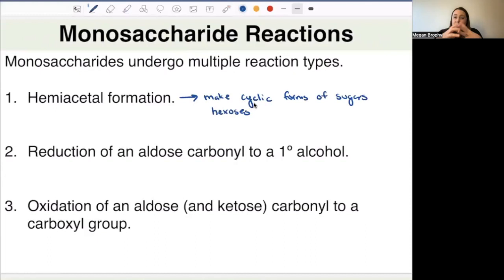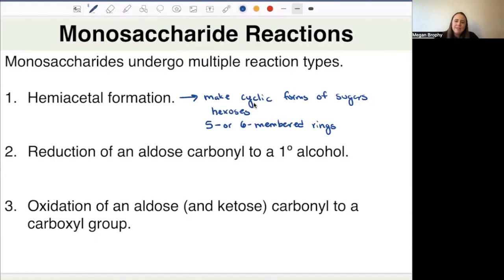Whenever you try to make a smaller ring, like a 4-membered ring or a 3-membered ring with a smaller sugar, that actually puts a lot of strain on the bonds and a lot of strain on the atoms. So we don't typically see them. It'll be most common to see 5 or 6-membered rings. So you're not going to see them as often with our trioses, tetroses, or pentoses. We'll primarily see them with hexoses.